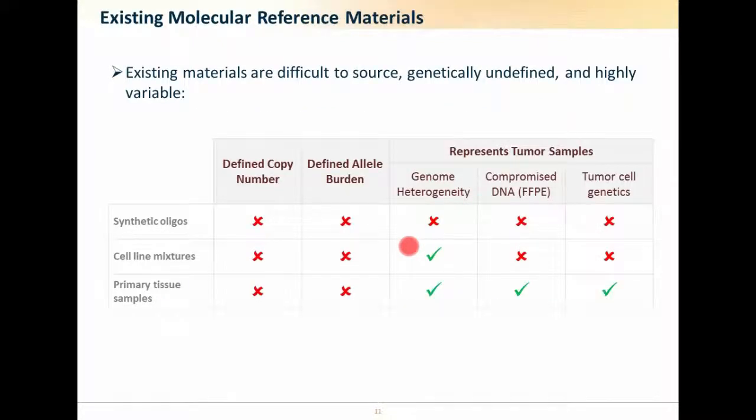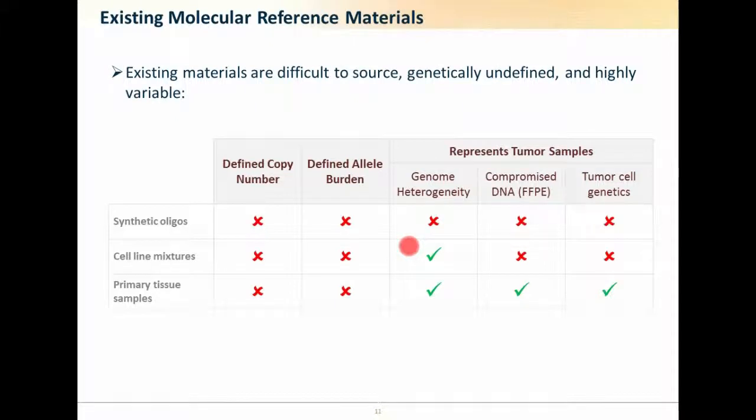And we've spoken a lot to the proficiency schemes and the proficiency testing groups and have very good relationships with them. And they told us, and continue to tell us, that existing reference materials are very difficult to source. They're often genetically undefined and can be very variable. You've got your synthetic oligos, which will always be very easy to detect because they're so short, and for any of these assays, it's just a simple PCR to see them.